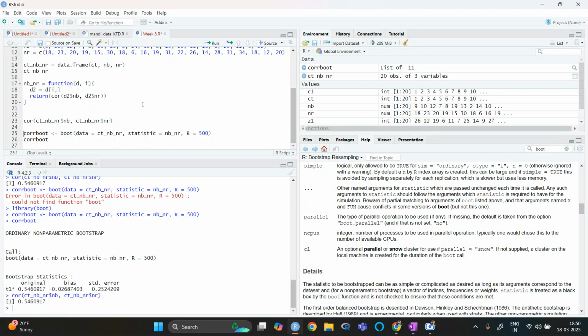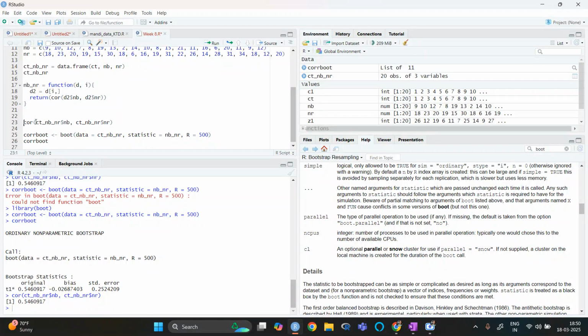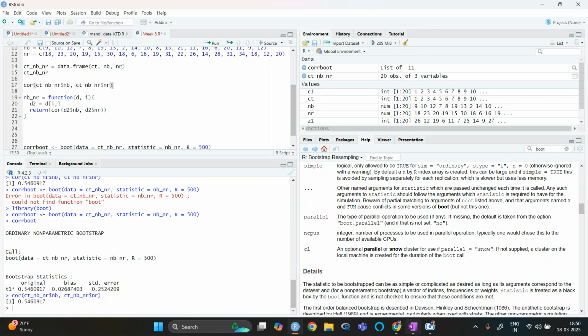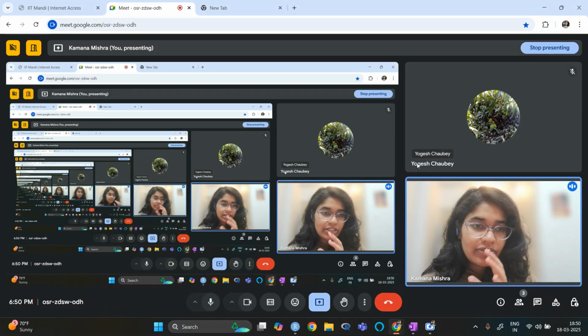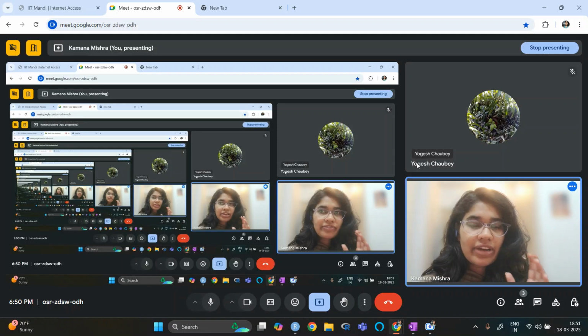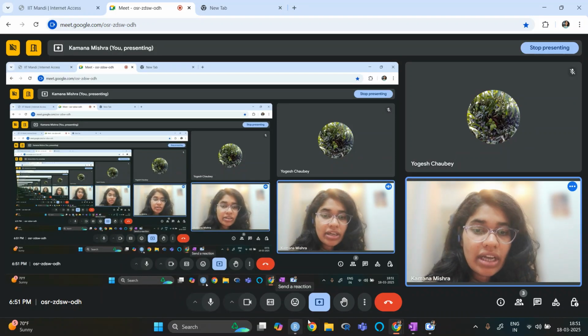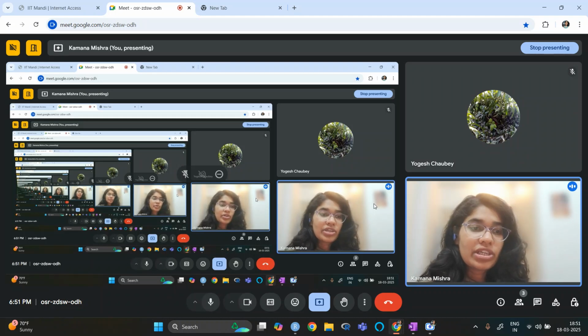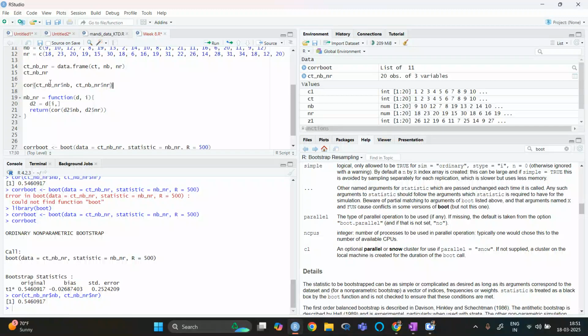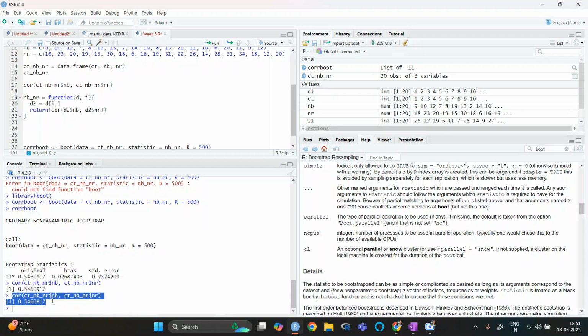So what we have done here is that firstly we have taken the data. Then we have found its correlation: what is the real correlation? And to do the bootstrap, how will the bootstrap find the correlation? For the numbers, we know that if I give it the function cor on CT NB, it will give me the correlation.